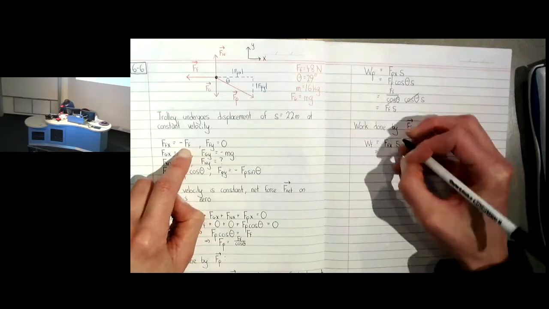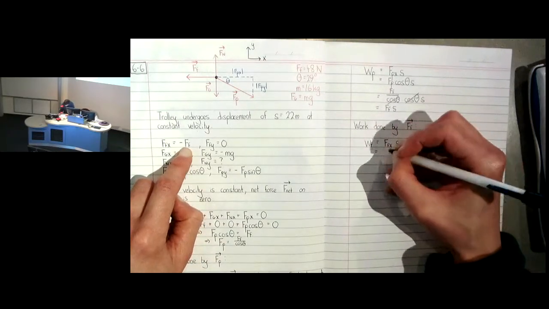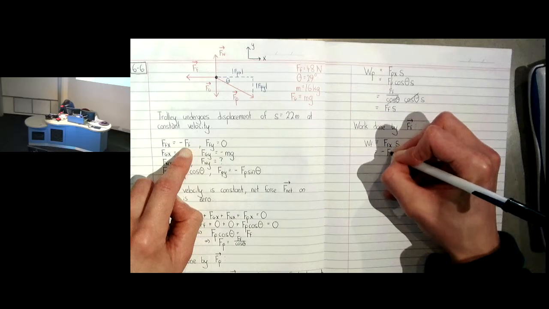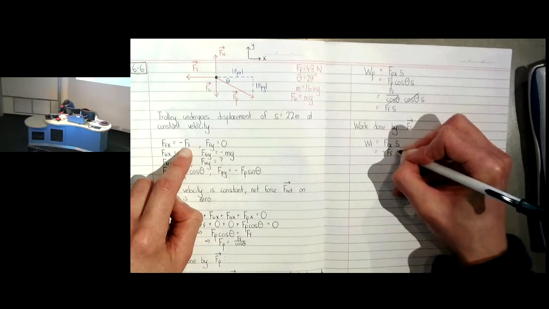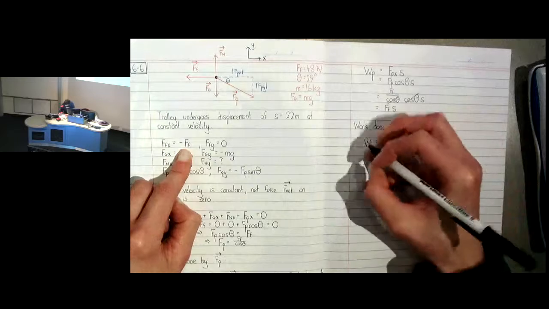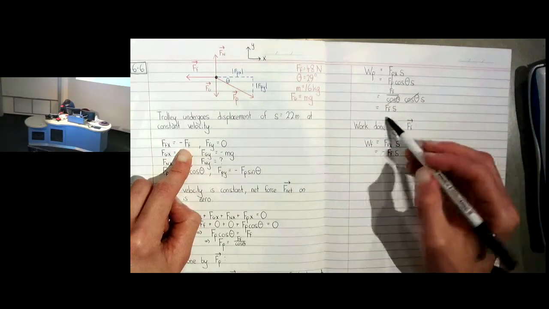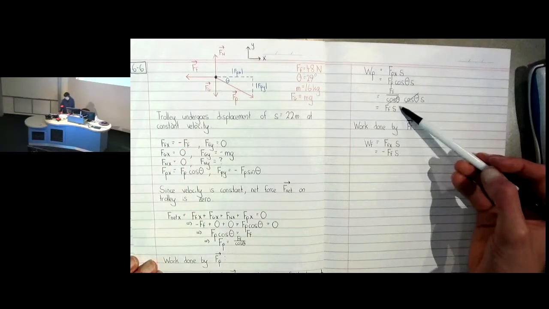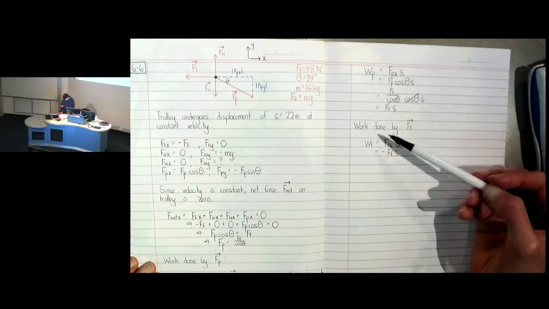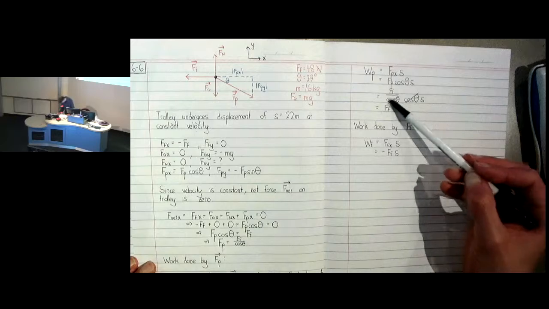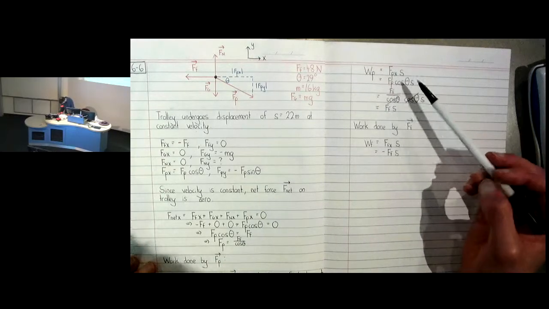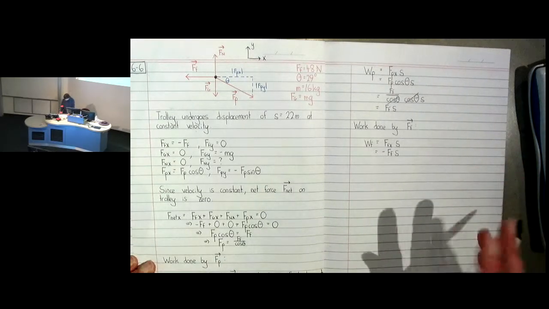Now we figured out that the x component was just minus Ff, and then multiplied by the displacement. So in fact, the work being done by friction is exactly equal to the work being done by the pushing force, but just with a minus sign.